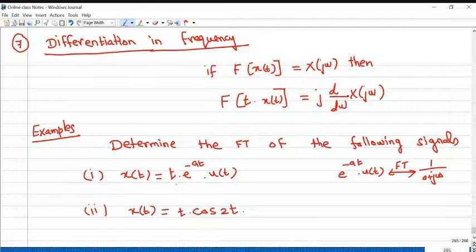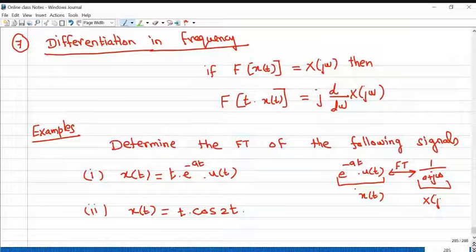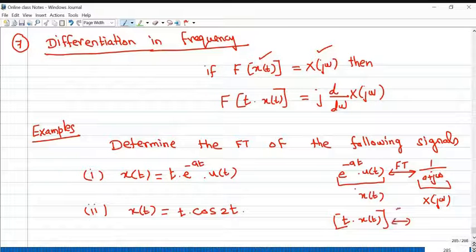Now we have to find the Fourier transform of t times e power minus at u of t. If this entire term is considered as x of t, and this entire term as X of j omega, then the Fourier transform of t times x of t will be equal to j d by d omega of X of j omega.